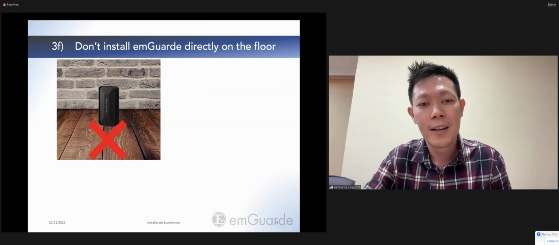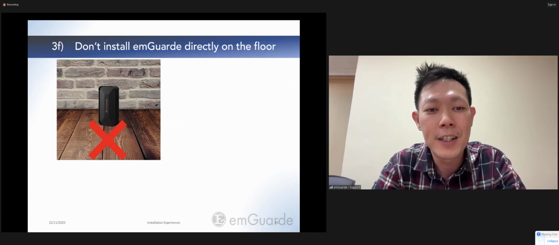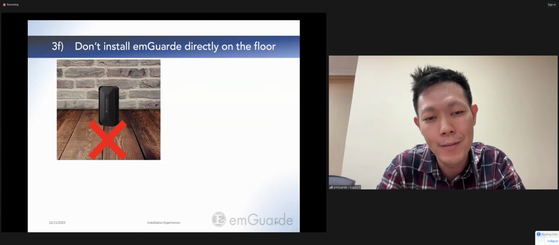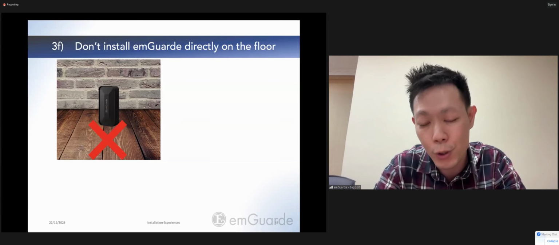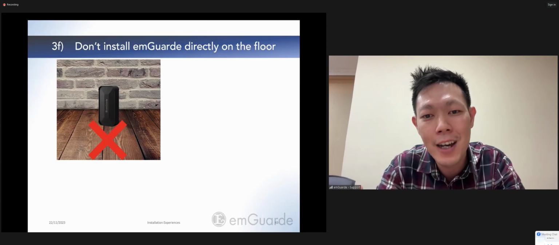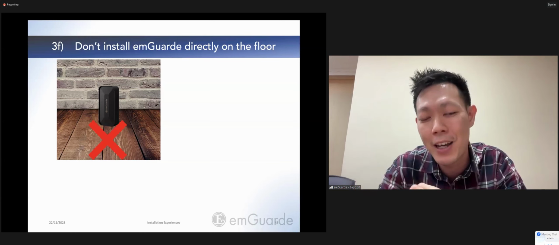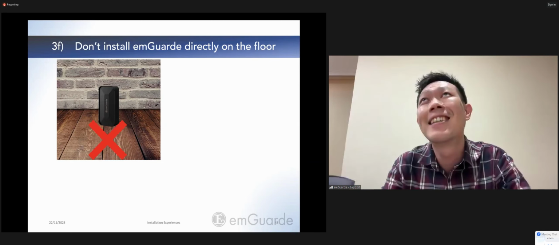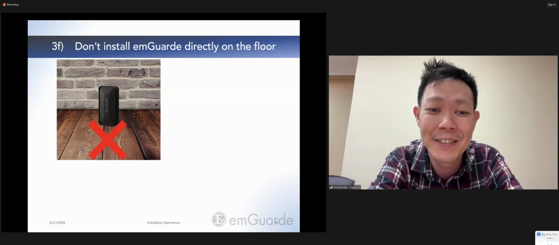Why not on the floor? Because there may be hidden cables below. Like myself, I'm living in a condo. At normal daytime, I use the RD9100 detector to measure my floor, and it actually gives a very low reading, because my downstairs neighbours don't turn on the LED light or lighting in their house.